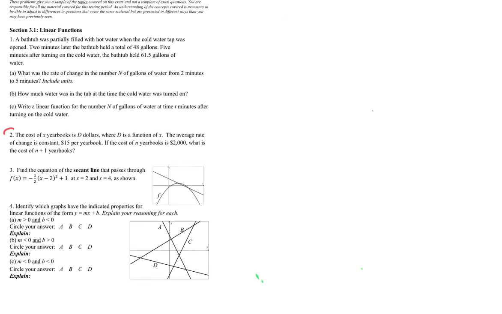Okay, so now moving on to problem 2, we have the cost of Y yearbooks in D dollars, where D is a function of X. So we have D of X. The average rate of change is constant, $15 per yearbook. And we know that for N yearbooks, D of N is equal to 2,000.